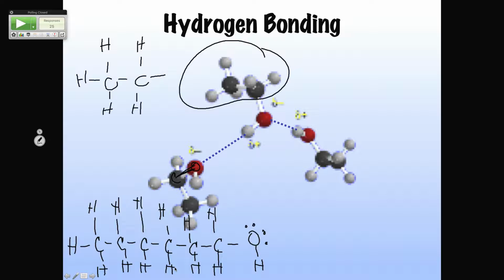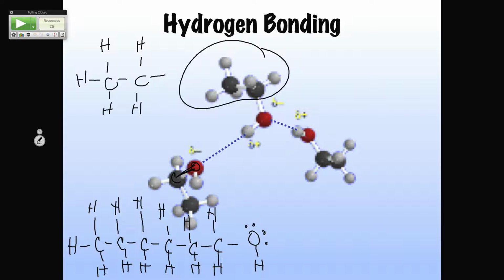Okay, do you think this compound will have a higher boiling point than ethanol or lower? Higher. Why? It still has the same amount of hydrogen bonding as ethanol. But what else does it have? More carbons, okay?